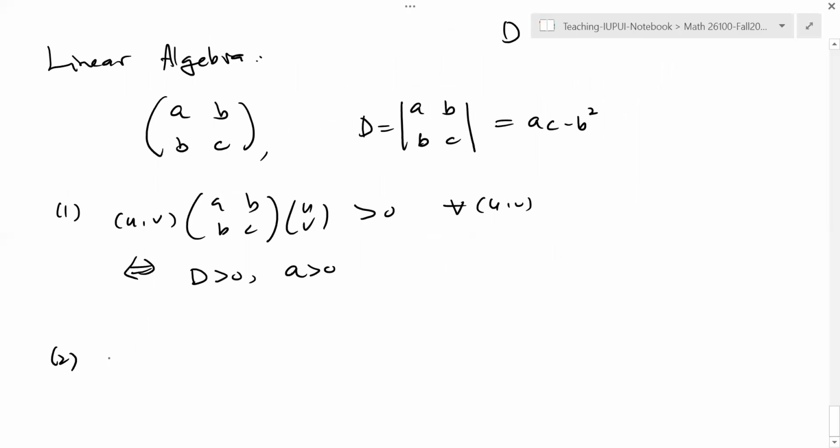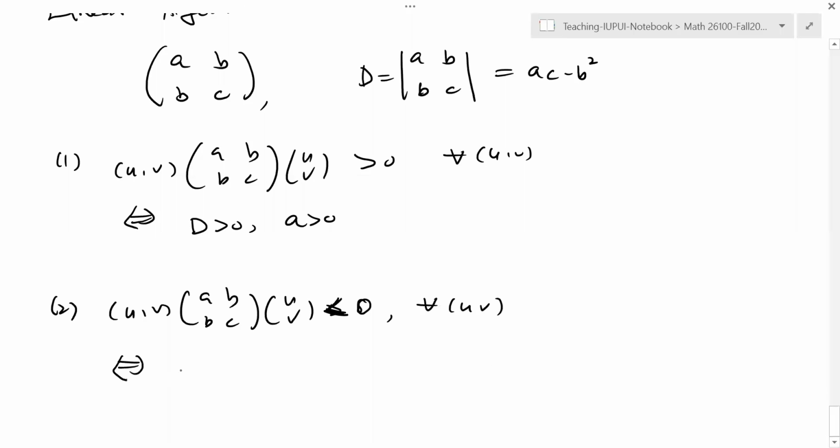And the quadratic form is always negative for any (u, v), that's linear algebra, if and only if the determinant is still positive, but A should be negative. What happens if D is negative or D is 0?